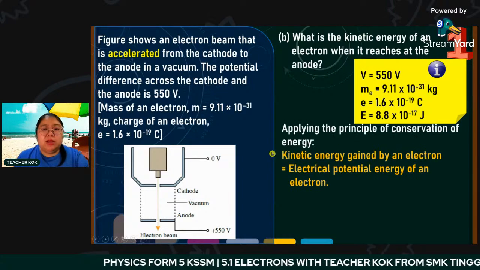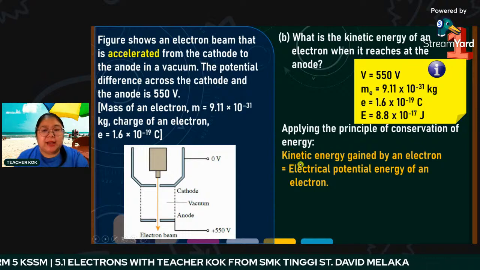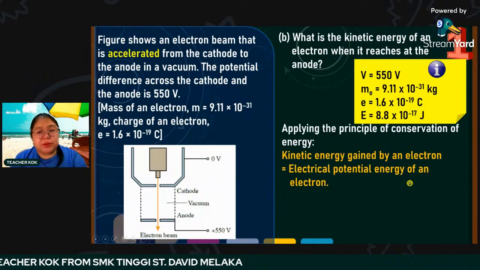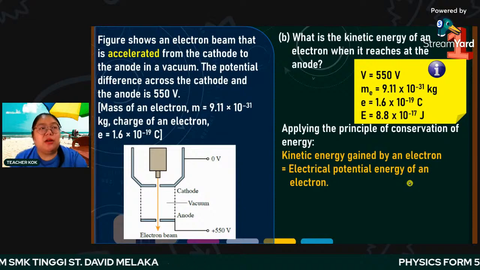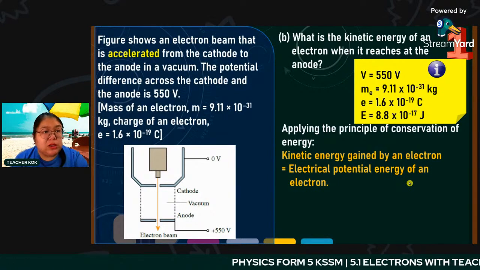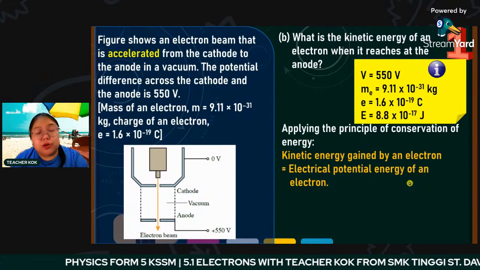Applying the principle of conservation of energy, the kinetic energy gained by the electron is the same as the electrical potential energy of the electron. That means we just assume we don't have anything to lose, so finally both energies straightforwardly transfer.